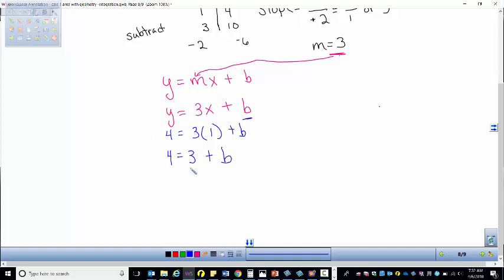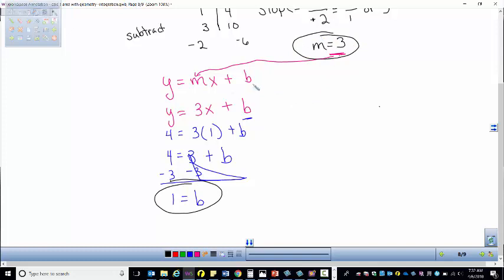The opposite of positive 3 is negative 3. So 4 minus 3 is 1 equals b. So now I have my b and I have my m, and I can write my equation. Y equals 3x plus 1. That was my equation.